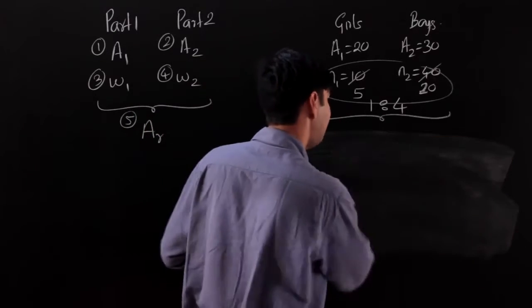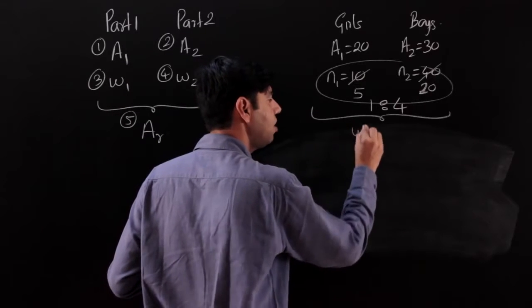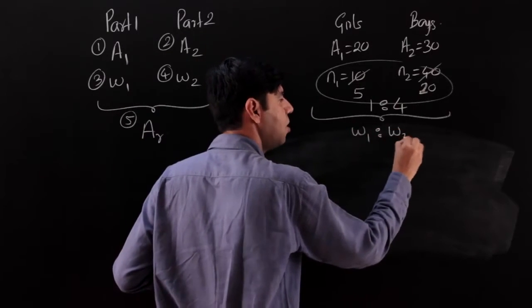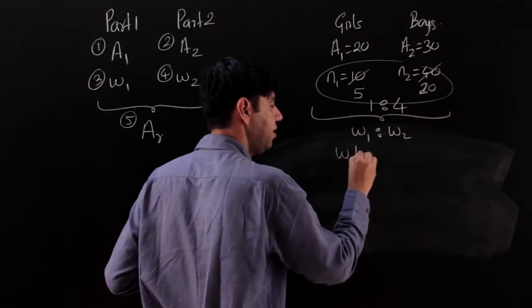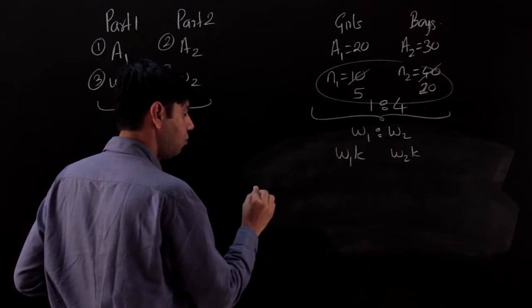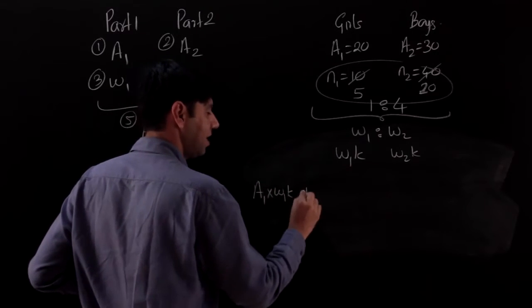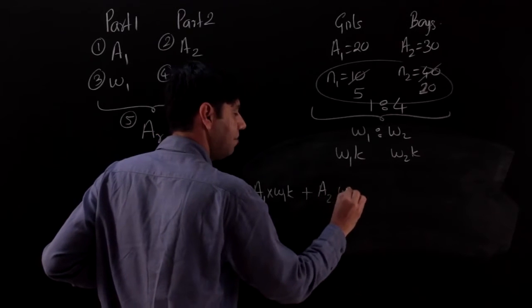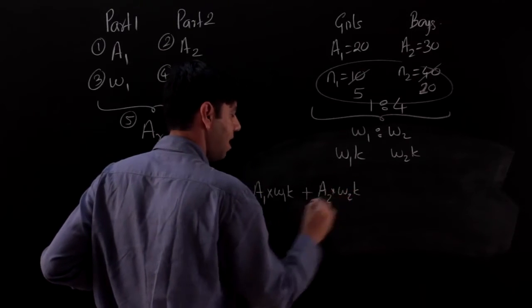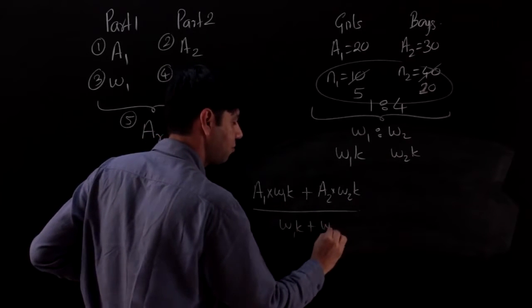The formula that we have, let's say instead of the actual weights, I only know the ratio of the weights. So I could assume the weights to be individually W1K and W2K. If I write the formula out over here, A1 W1K plus A2 W2K, divided by the sum of weights, W1K plus W2K.